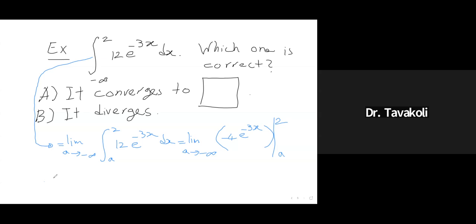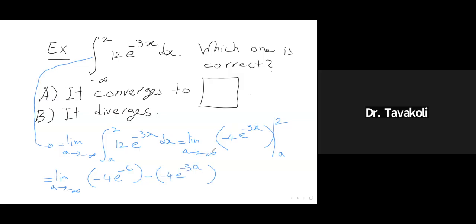So this equals the limit as a tends to minus infinity. The evaluation of the function inside the parentheses at 2 gives me minus 4 e to the power of minus 3 times 2, which is minus 6, minus the evaluation at a, minus 4 e to the power of minus 3a.